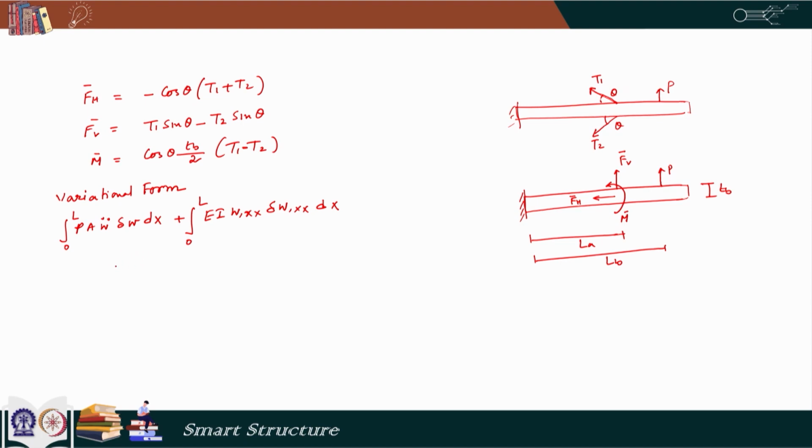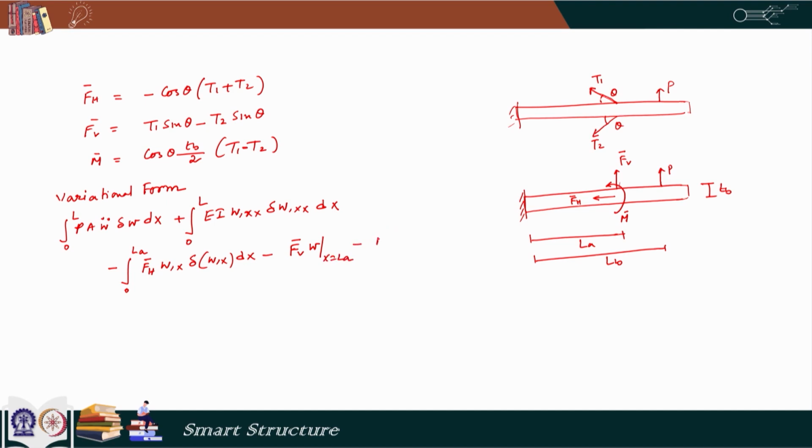Now, the virtual work due to the force Fh bar is the integral within the domain 0 to LA of Fh bar multiplied by W comma x into the variation of W comma x. And then we have the externally applied force Fv bar. The virtual work here is Fv bar multiplied by the displacement at that point, which can be written as W at x equal to LA.